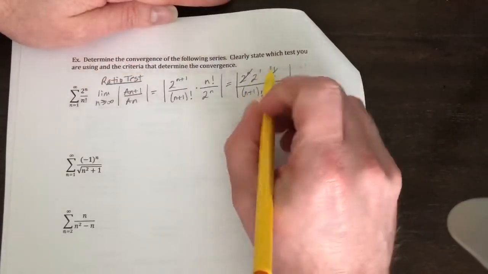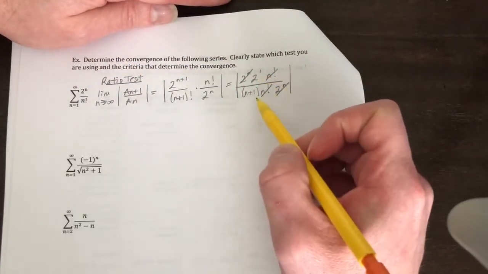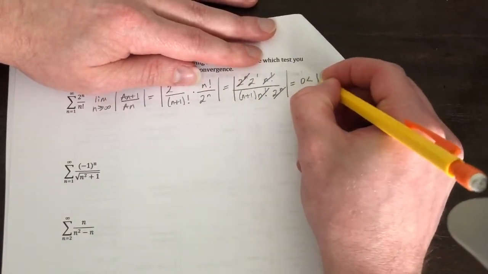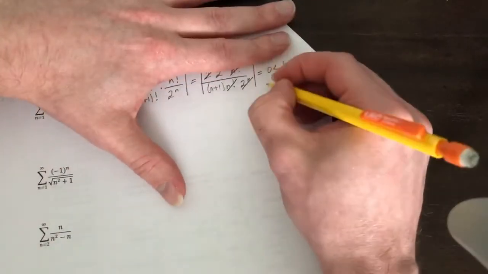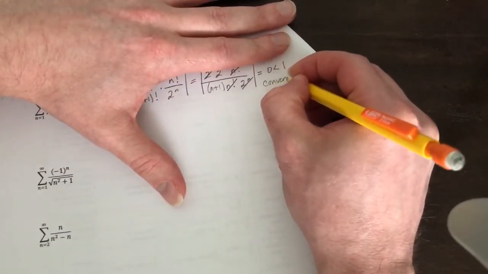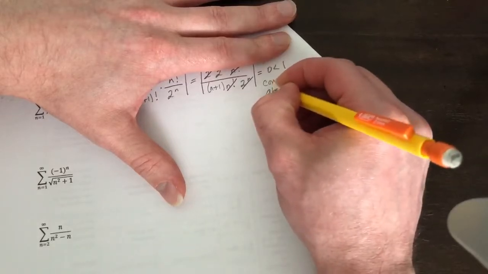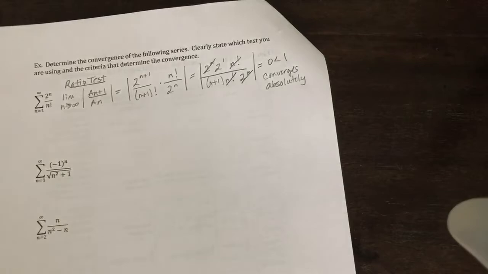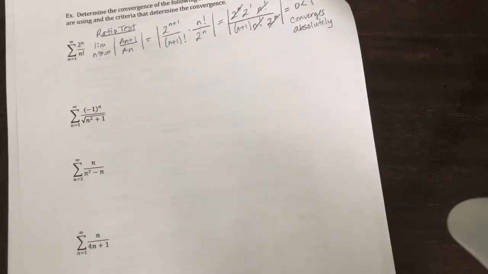Okay, so if I take the limit as this goes to infinity, 2 over n plus 1, that goes to 0. And the criteria for ratio test is it has to be less than 1 to converge. So it converges. And when we talk about convergence with ratio test, it's going to be absolute convergence.